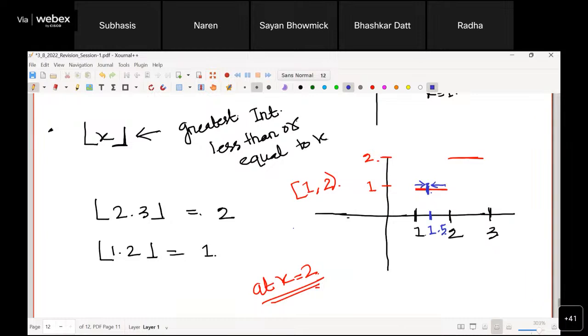At other non-integer points, the function is always continuous as well as differentiable, because in that middle part it's basically constant. The main problem is the integer points. Clear this part?